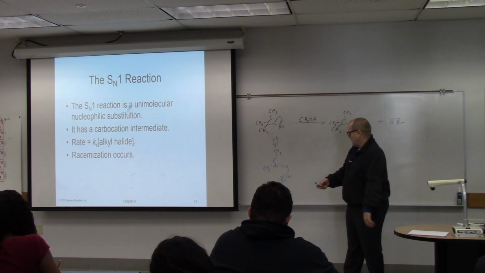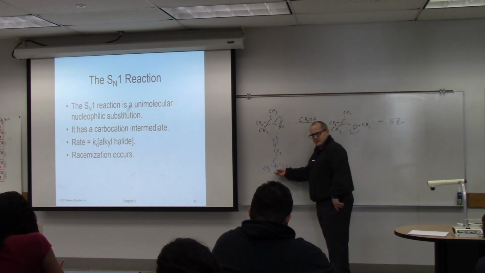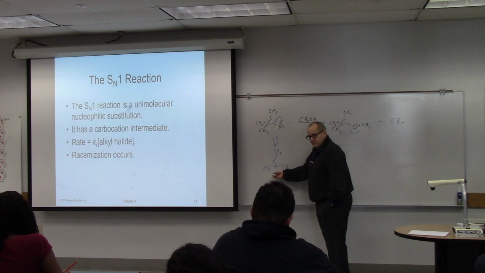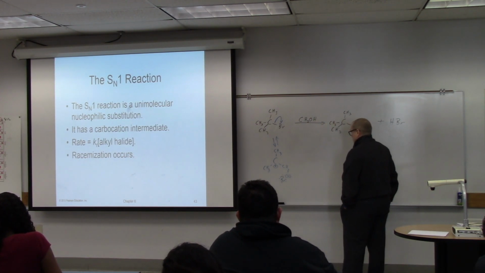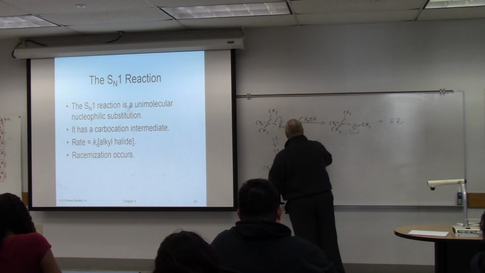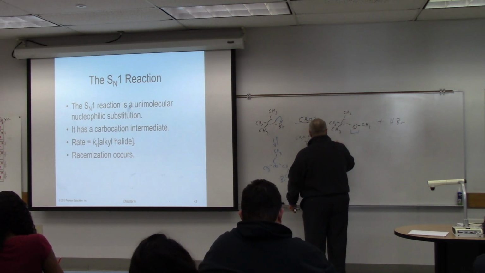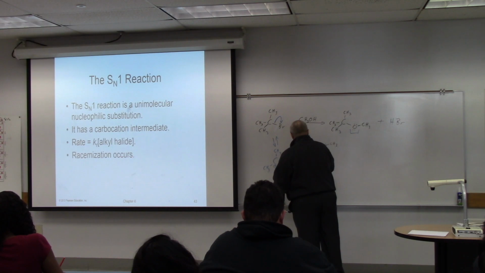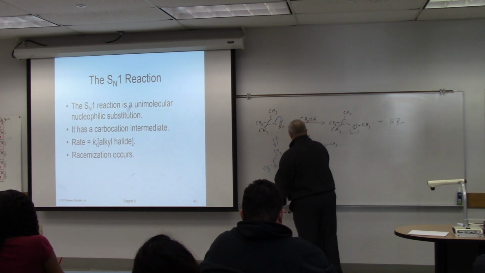And we know, because the bromide will have a solvent cage around it, that so will the cation, right? And you get the idea, right?